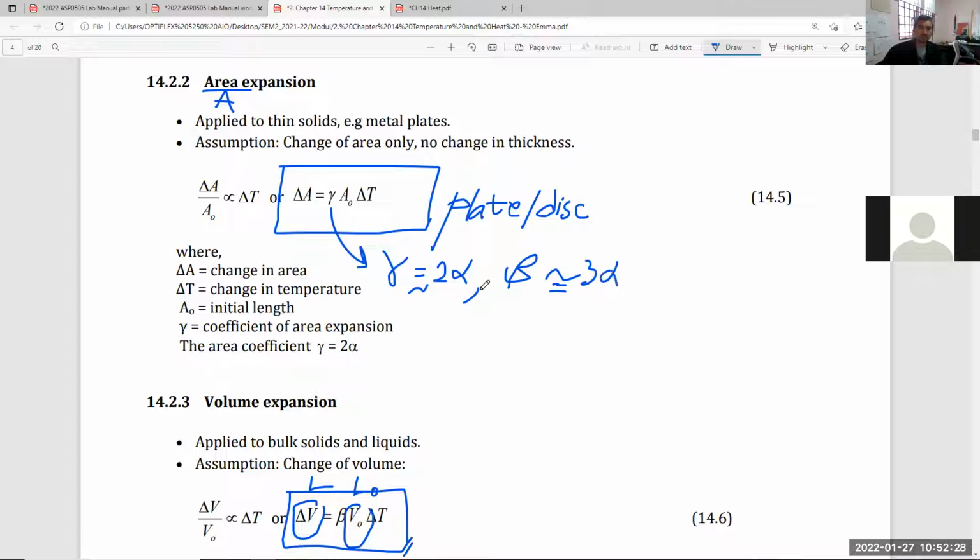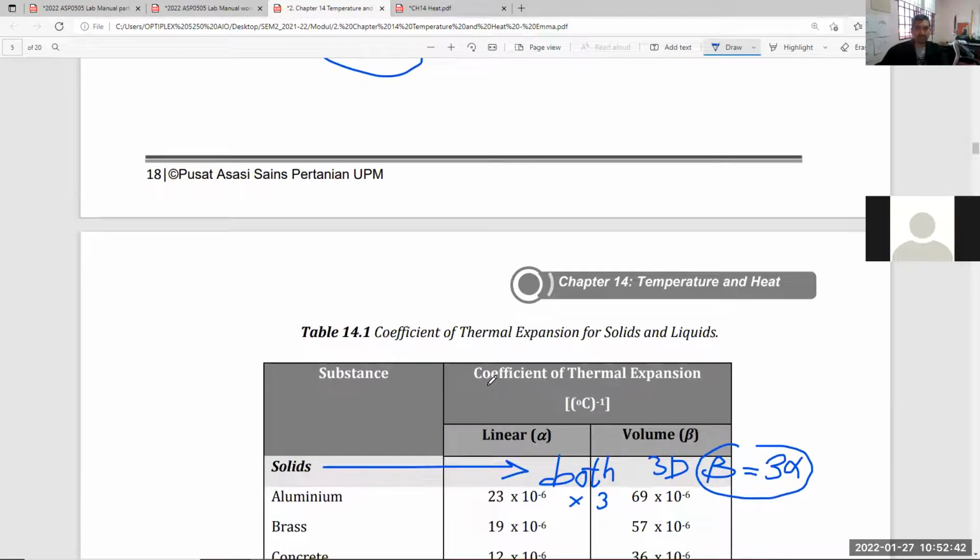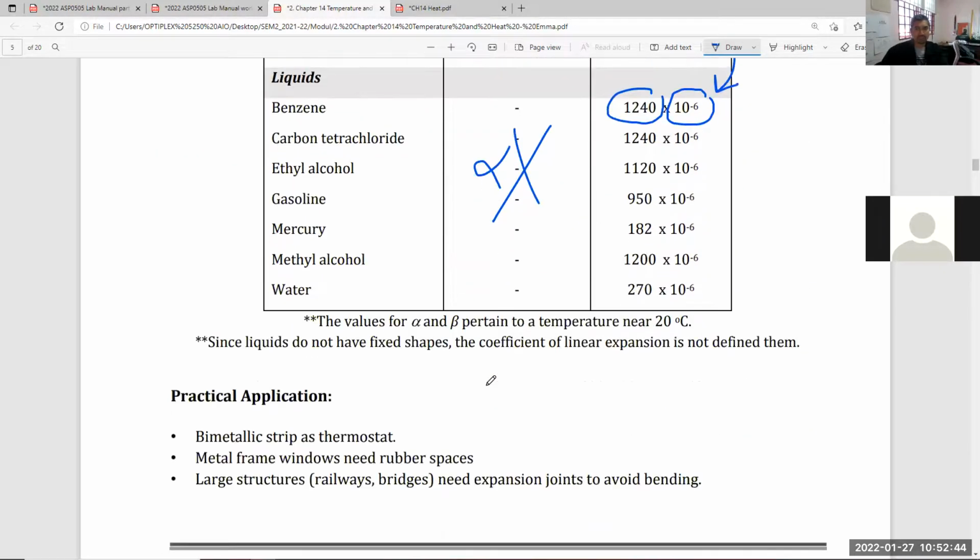Finally, we make it straightforward: 3-dimensional is 3 alpha, 2-dimensional is 2 alpha, based on the linear expansion for solid. Class, is that clear? Everyone clear?